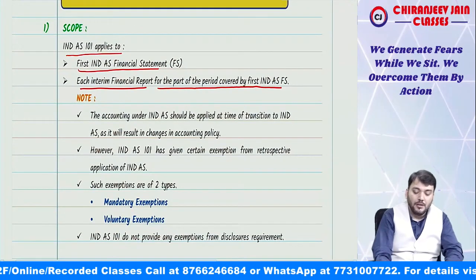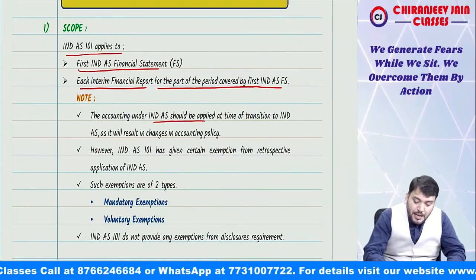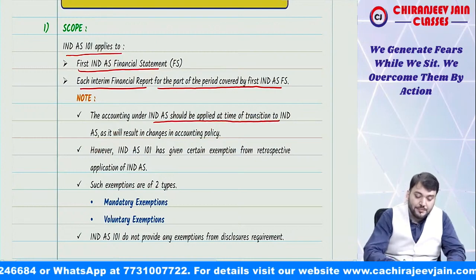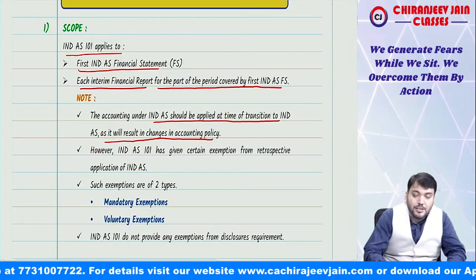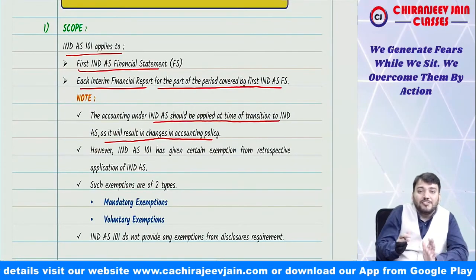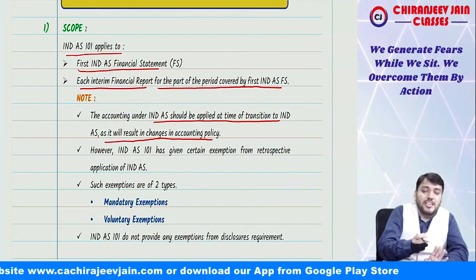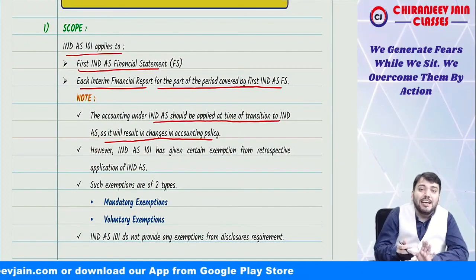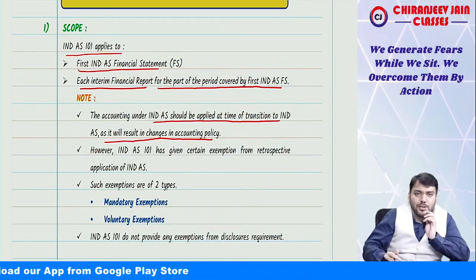Correct? Now, accounting under Ind AS should be applied at the time of transition to Ind AS, as it will result in changes in accounting policies. When we translate our financial statements from previous GAAP, which was based on accounting standards notified under Companies (Accounting Standards) Rules 2006, to Ind AS financial statements, of course this will result in changes in accounting policy.